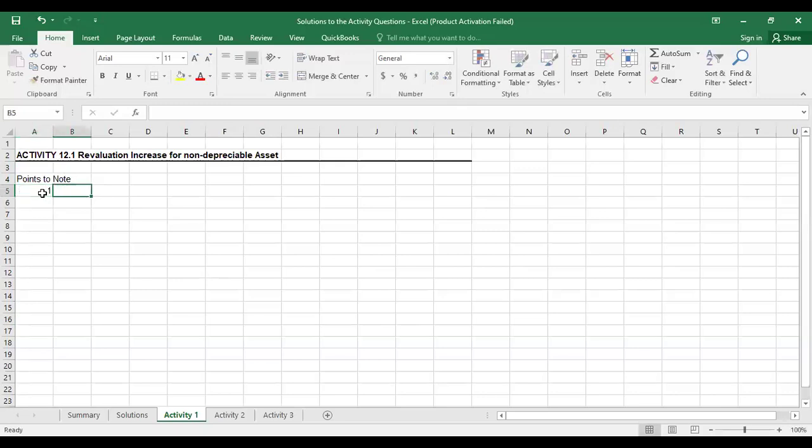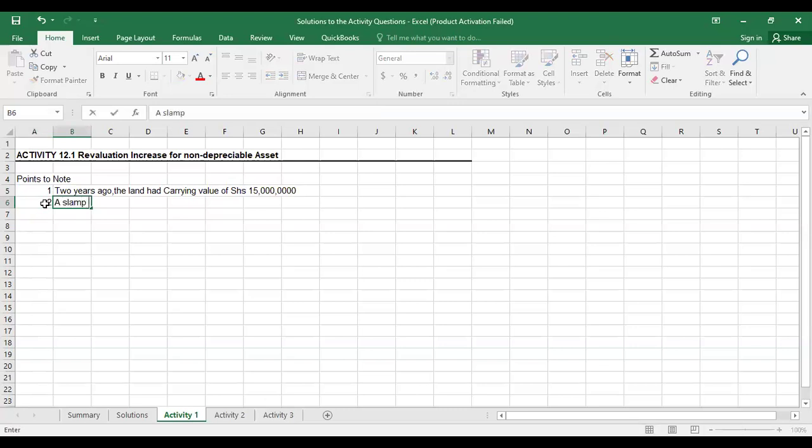Number one, that 2 years ago, the land had a carrying value of 15 million shillings.